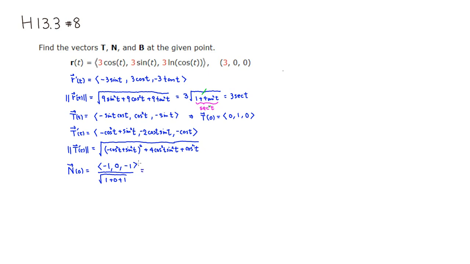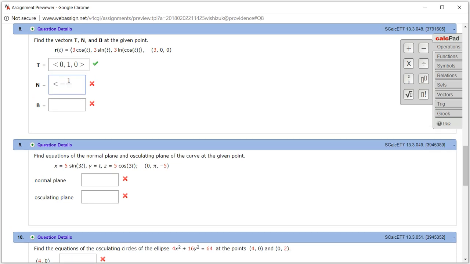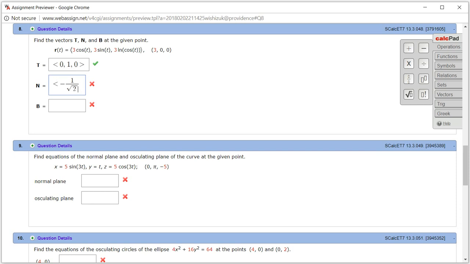So we get the square root of 2 on the bottom, so it's negative 1 over square root of 2, 0, and negative 1 over square root of 2. So let's type this in: negative 1 over square root of 2, comma 0, comma negative 1 over square root of 2.